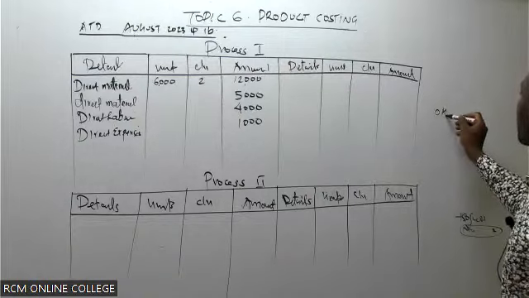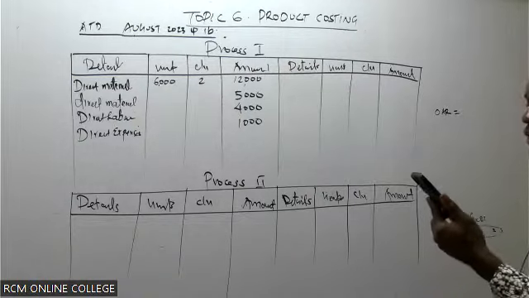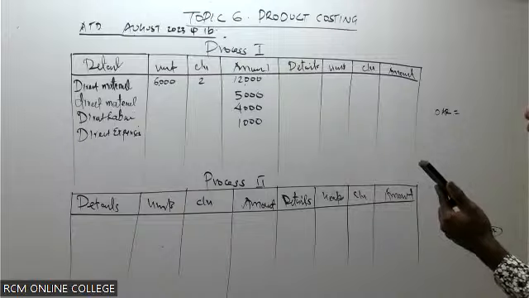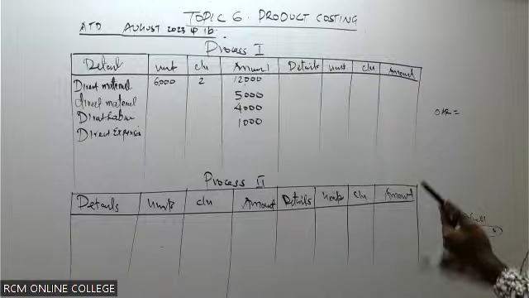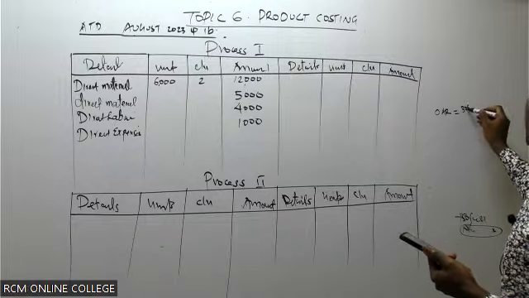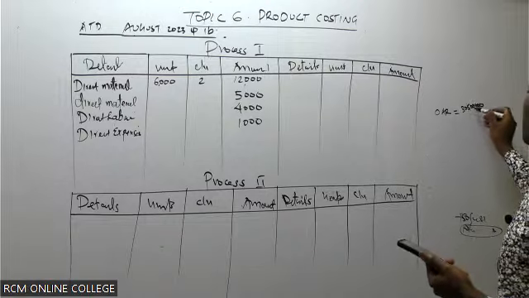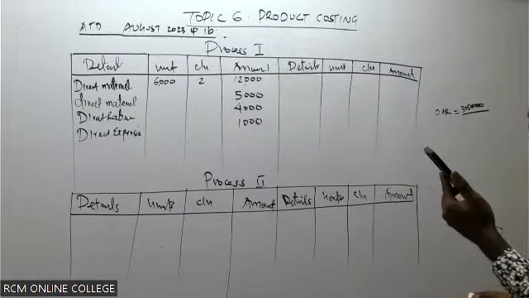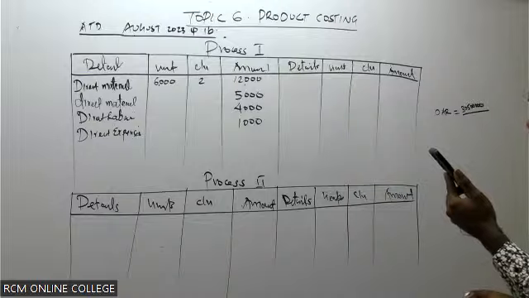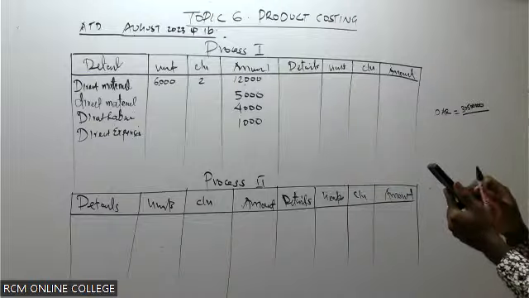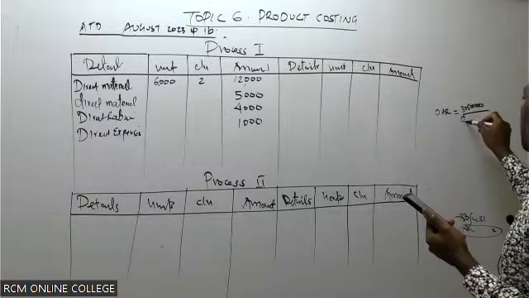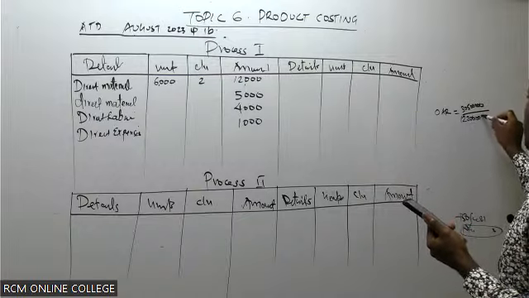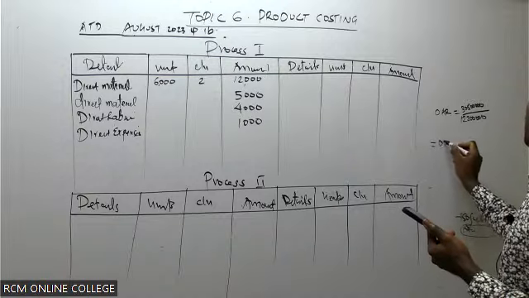Overhead absorption rate is equivalent to budgeted overheads. Budgeted production overheads for the week is 500,000. We divide by budgeted activity level, which is direct labor wages. So the direct labor wages here budgeted is 200,000. Can someone give us the overhead absorption rate?